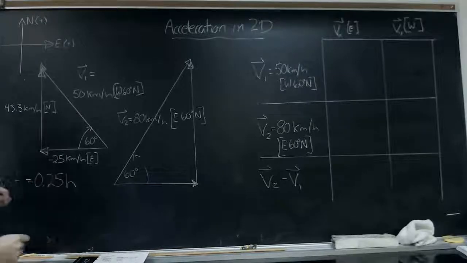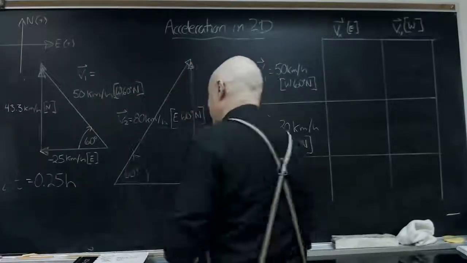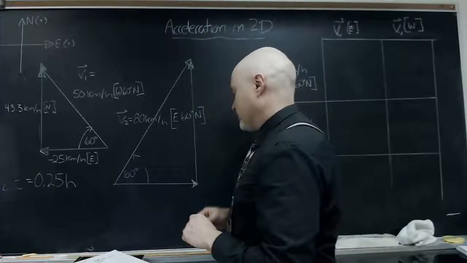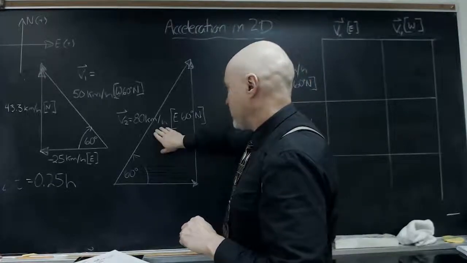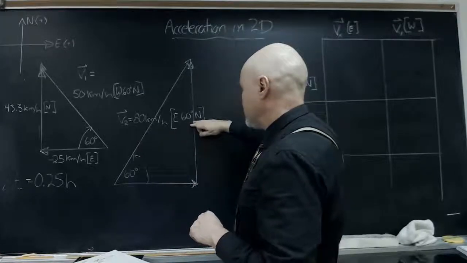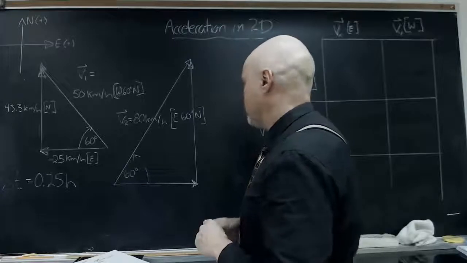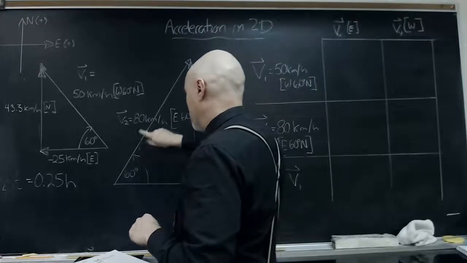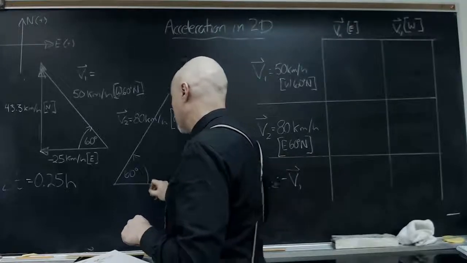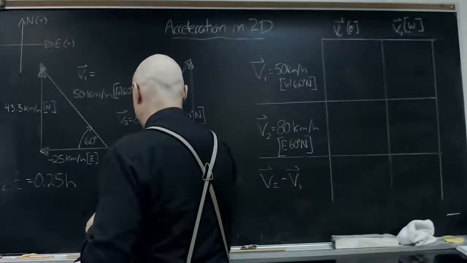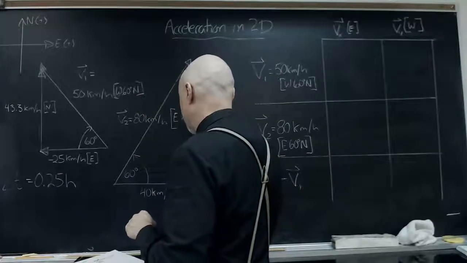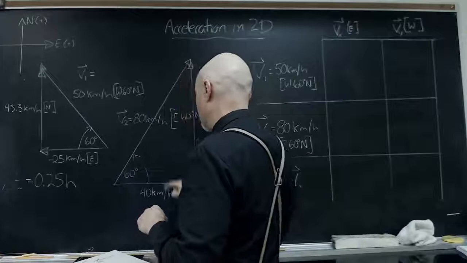Okay, so I'm just using SOHCAHTOA, the nice, easy sine and cosine and tangent of a right-angled triangle. Okay, now we need to break V2, 80 kilometers per hour, east, 60 degrees to the north, into its two components. And so if I do 80 kilometers per hour times the cosine of 60 degrees, I wind up with 40 kilometers per hour. And this is going to be positive and to the east.